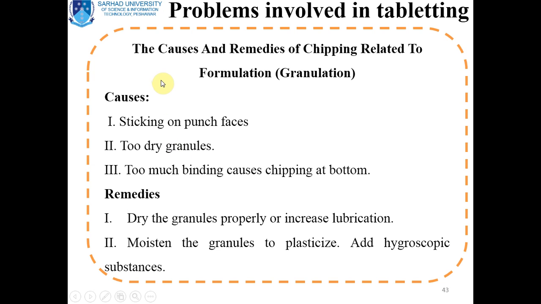The causes and remedies of chipping related to formulation, that is granulation: causes are sticking on punch faces, too dry granules, and too much binder causing chipping at the bottom. Remedies are to dry the granules properly or increase the lubrication, moisten the granules to plasticize them, and add hygroscopic substances.